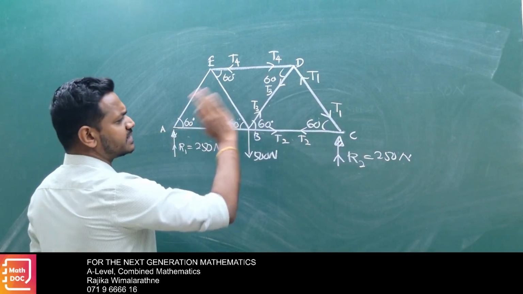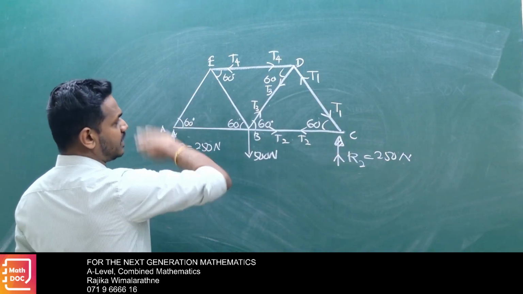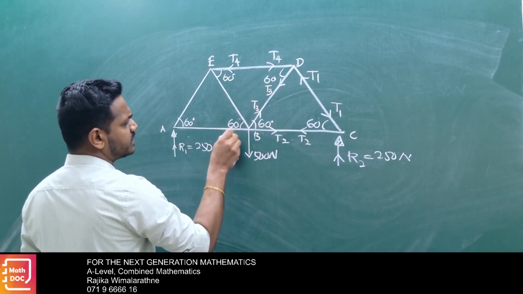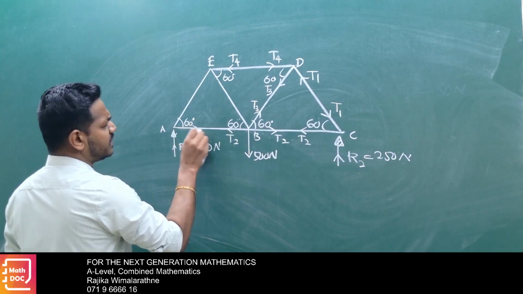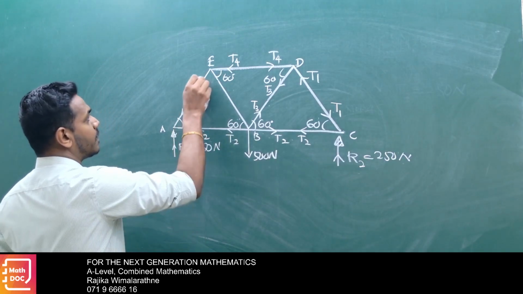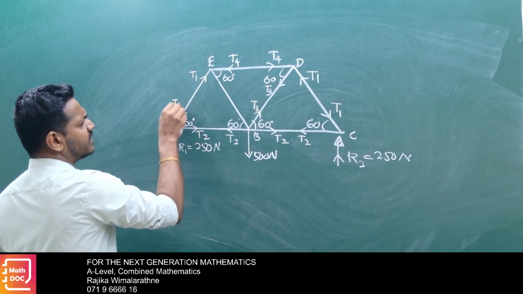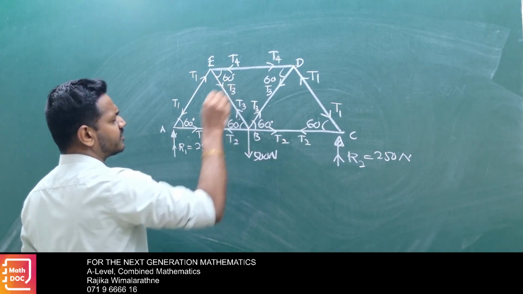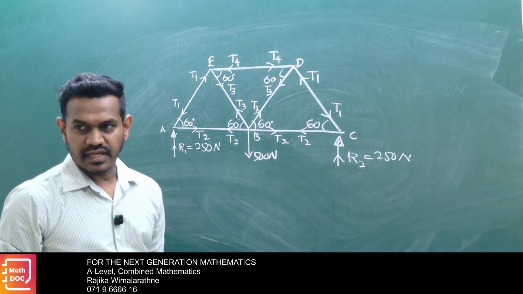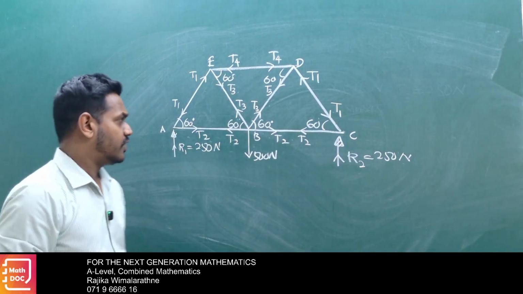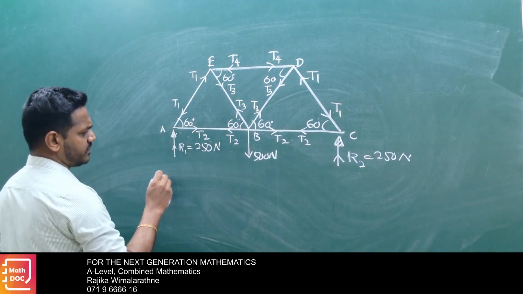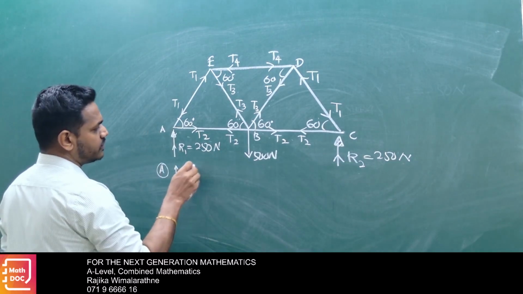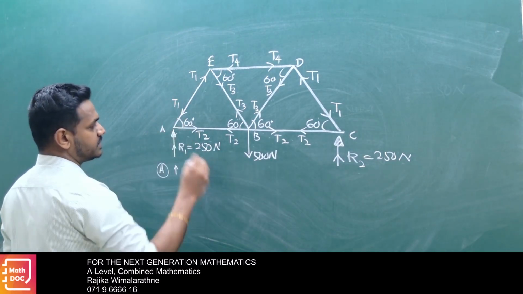Then here symmetrical system, then left hand and right hand side same. Then you can mark here T2, same T2 value. Here T1, here T3. Then you can consider vertex A, vertical force upward 250 equals T1 sin 60.